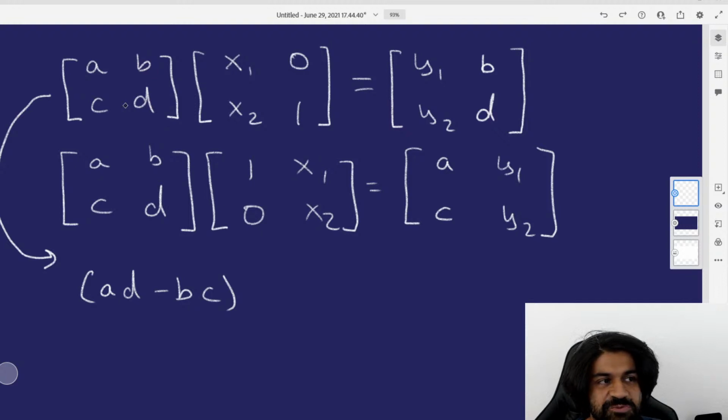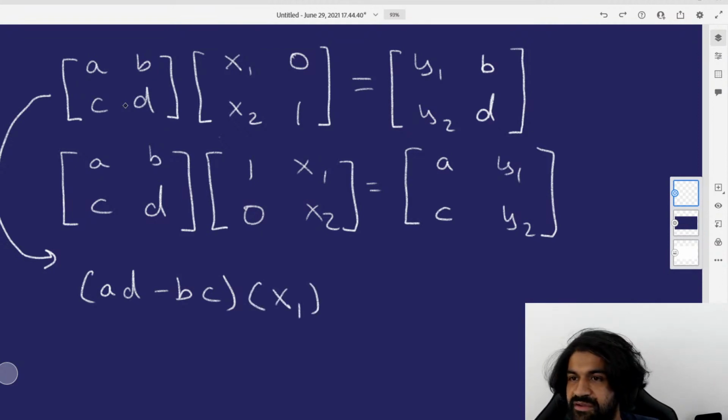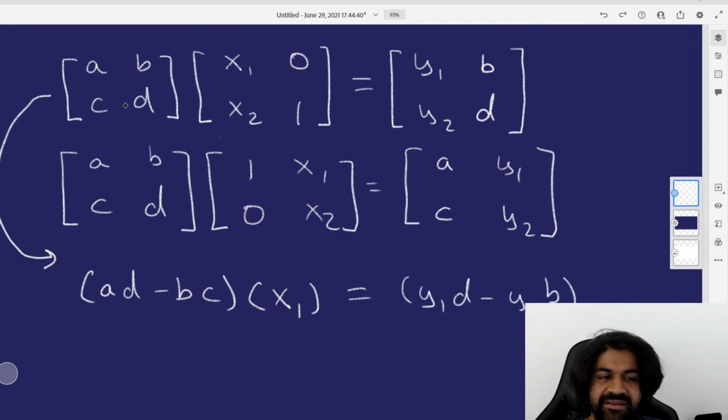It's going to become x1 times 1 minus x2 times 0, which is just x1. And the determinant of the second matrix on the other side is y1 times d minus y2 times b, so y1d minus y2b.